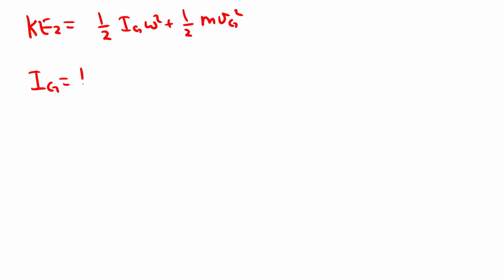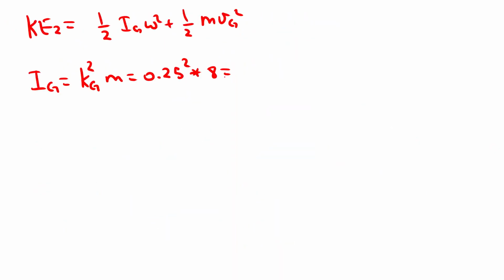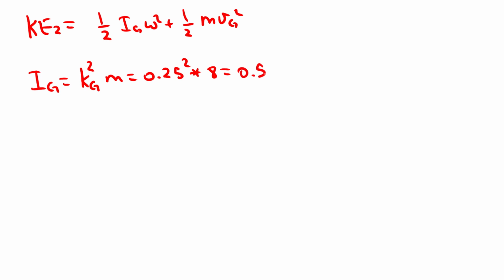So the mass is 8, so 8 times 0.25 times 0.25. So that is 0.5 kg meter squared. M is 8 kg and omega is unknown.